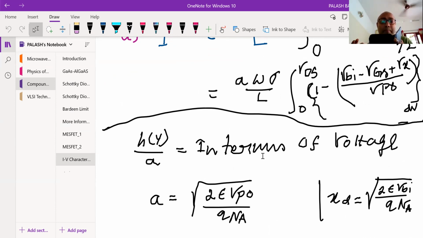This is also the same thing, a 3/2 power law expression. Try to do this integration and give me the answer.